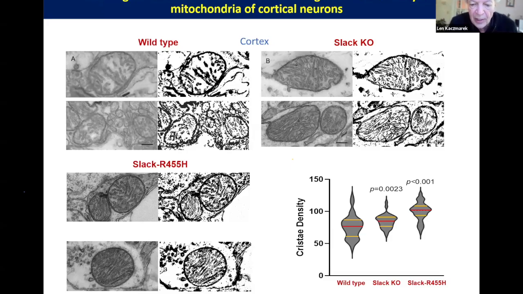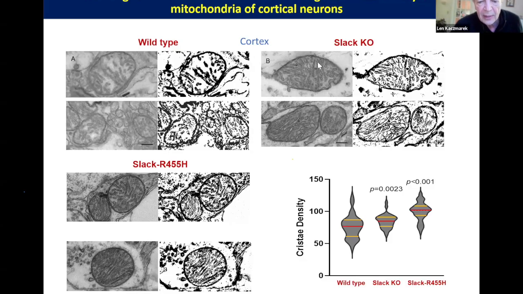These are the original images. This is where we just outline the cristae in digital form on the right. But this is highly statistically significant. And not only is it statistically significant, but the technician who was doing this could identify whether it was a knockout or a knock-in compared to the wild type simply by looking at the pictures of the EMs of the cortical neurons.